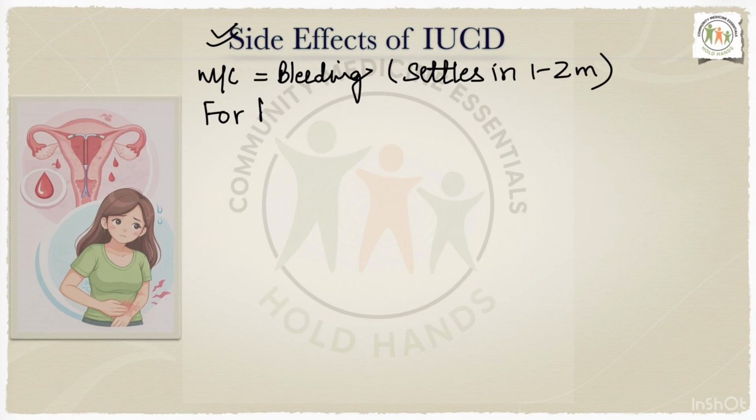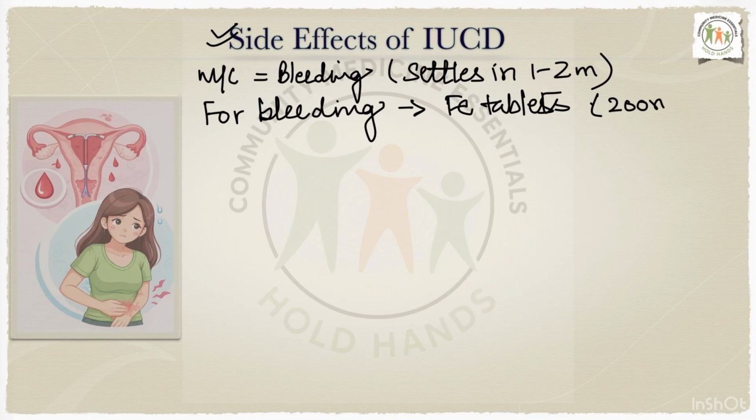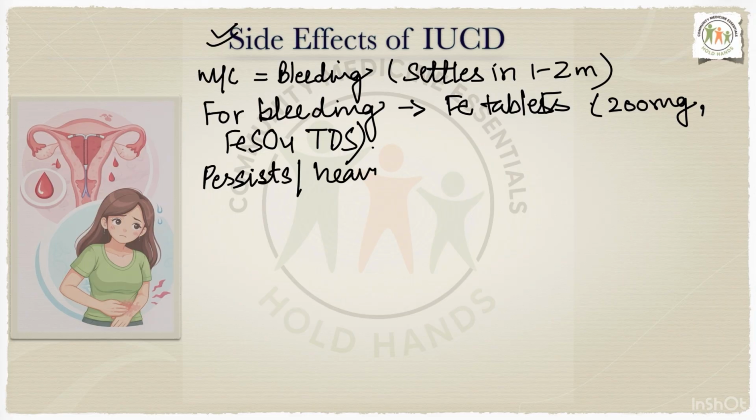For bleeding, iron tablets should be given in the dose of 200 milligram ferrous sulfate TDS. If bleeding persists or is heavy, then IUCD should be removed.